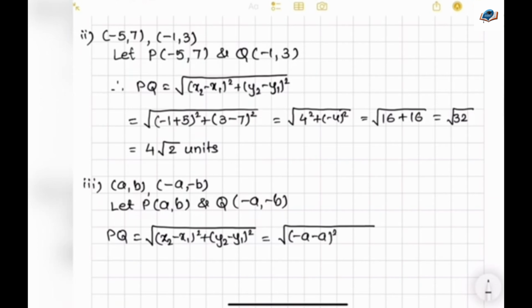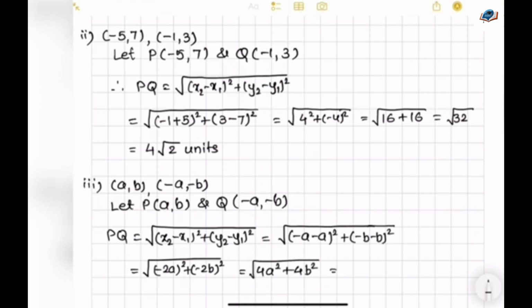So that will be equal to (minus a minus a) whole square plus (minus b minus b) whole square. So that will be (minus 2a) whole square plus (minus 2b) whole square. So this will be 4a square plus 4b square. If I take 4 common out, it will be 2 root of a square plus b square.